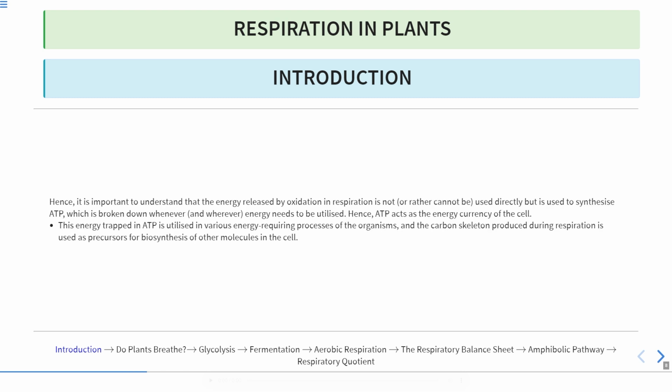Hence, it is important to understand that the energy released by the oxidation in respiration cannot be used directly, but it is used to synthesize ATP, right? So the energy released by the oxidation of the food material, which we call cellular respiration, is not used directly.